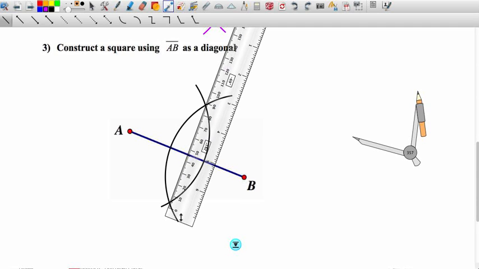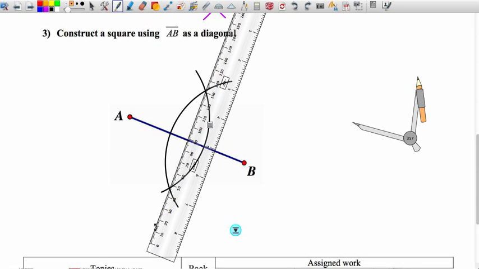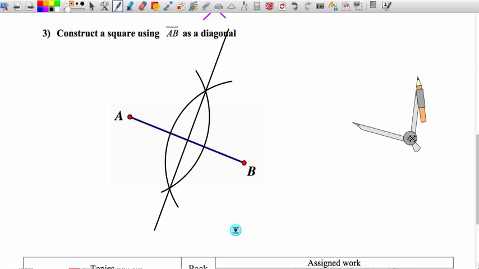Okay, we'll just extend the ruler out that way and draw ourselves a nice long diagonal. Close that out, and now what we need to just ensure is that the diagonals are going to be of equal length.